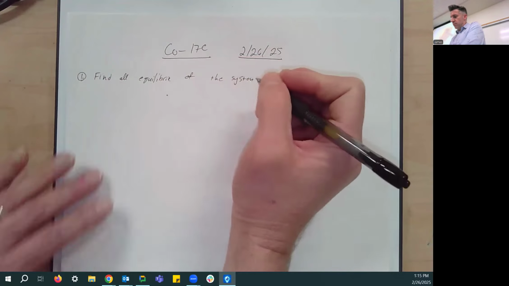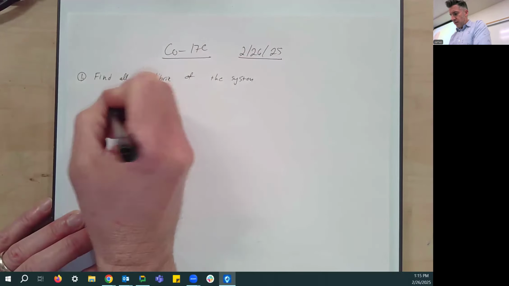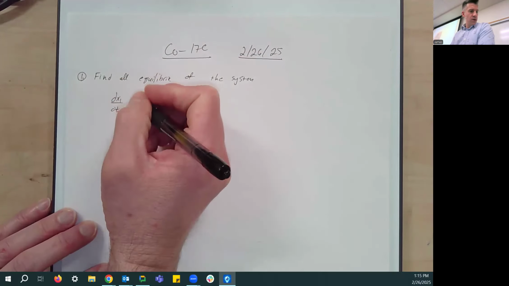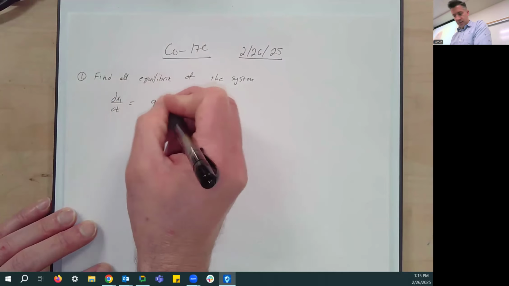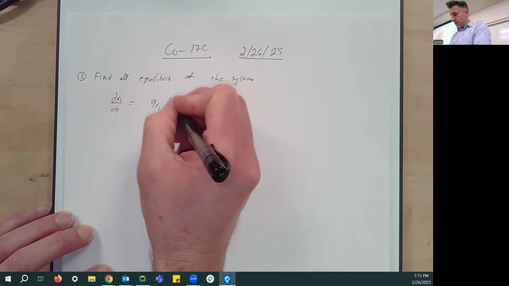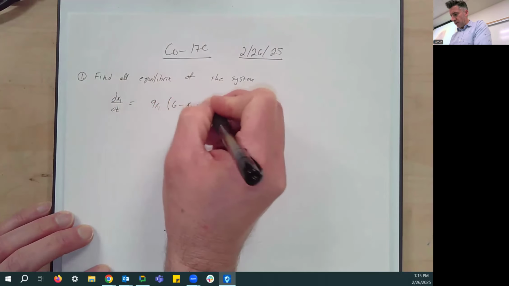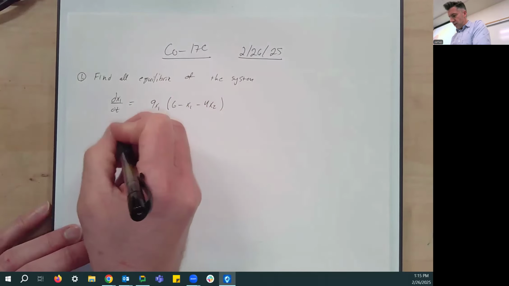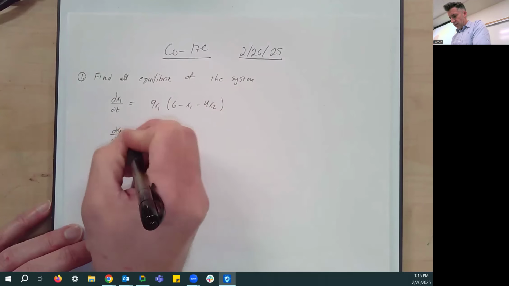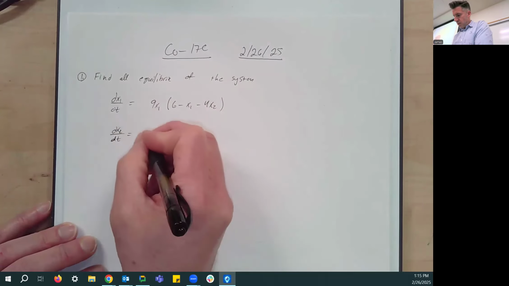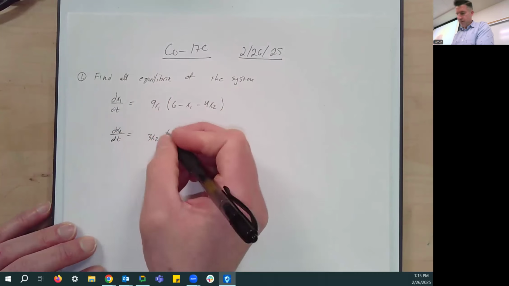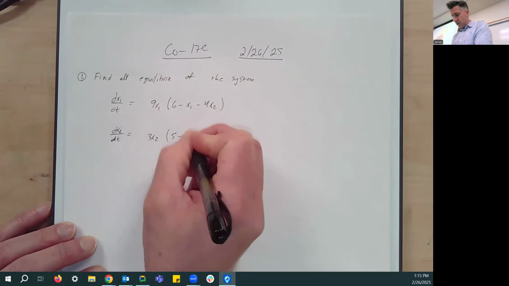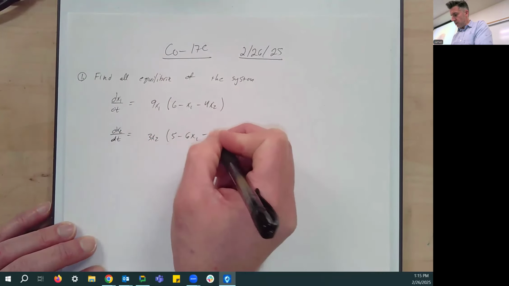We have dx1/dt equal to 9x1 times (6 minus x1 minus 4x2), and dx2/dt equal to 3x2 times (5 minus 6x1 minus x2).